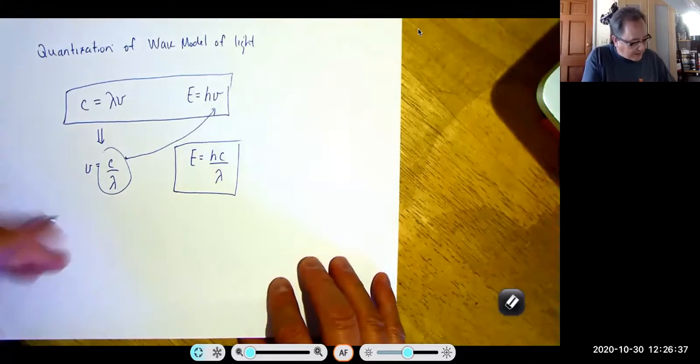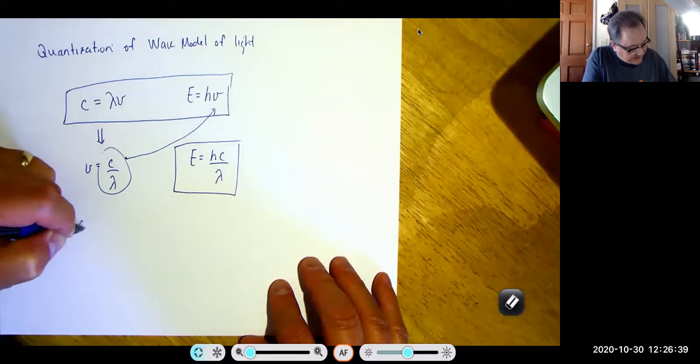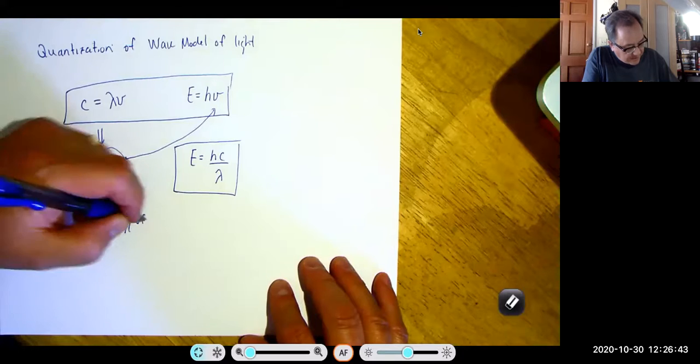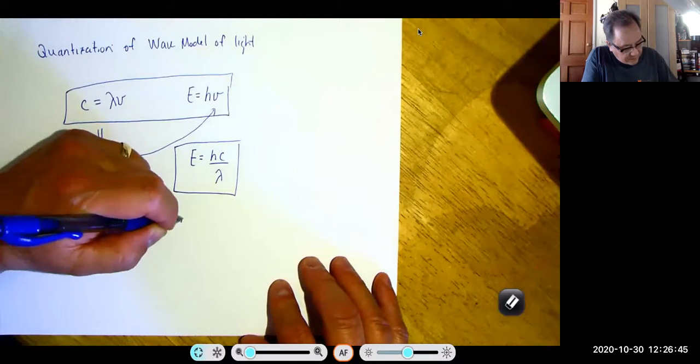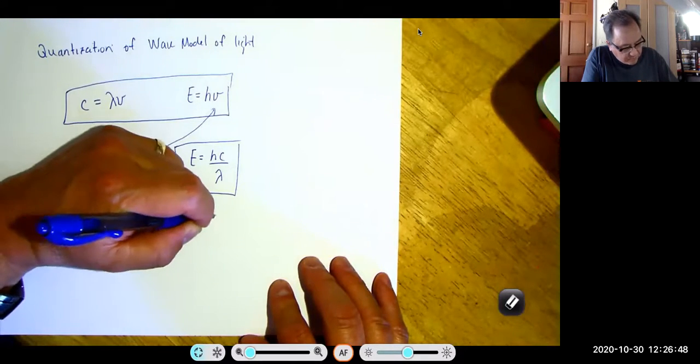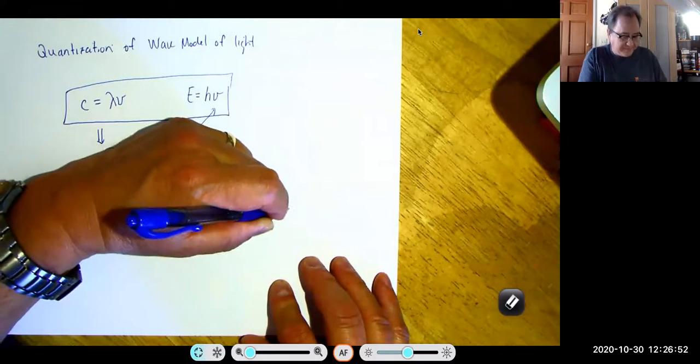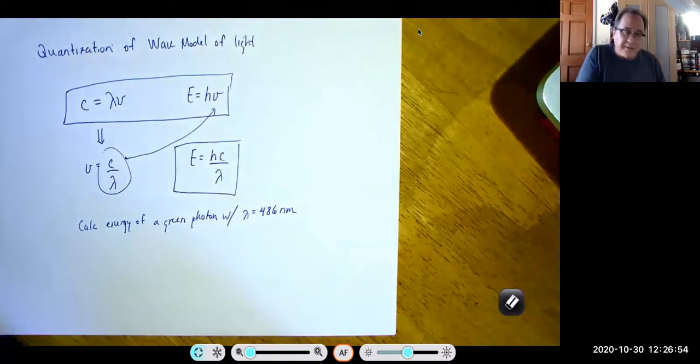So here we could calculate the energy of a green photon with wavelength equal to 486 nanometers. This is that same green wavelength we used before.